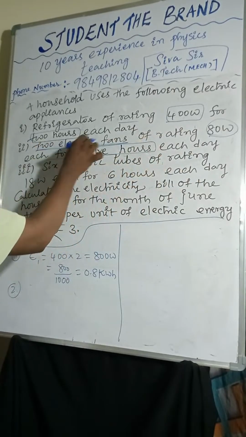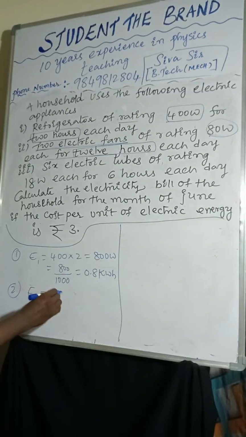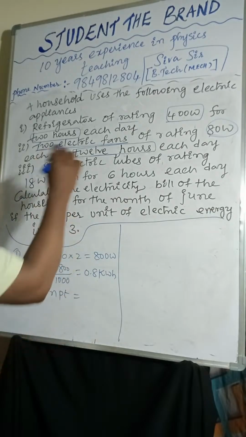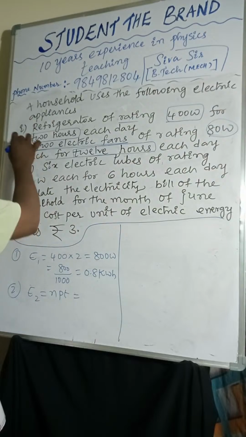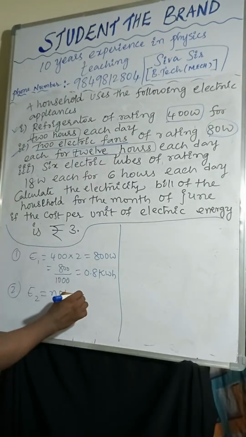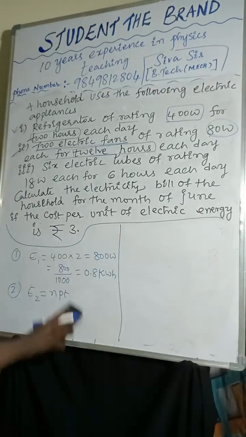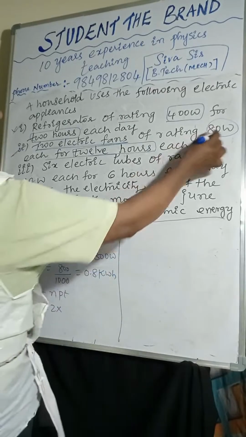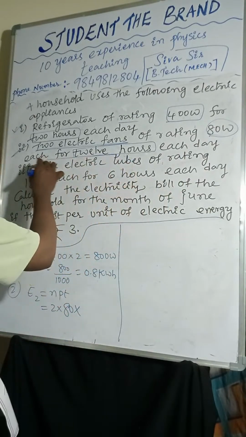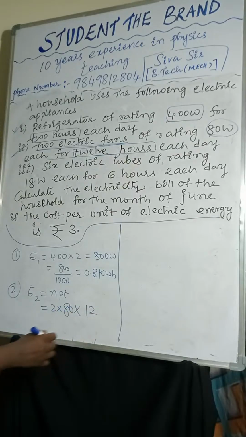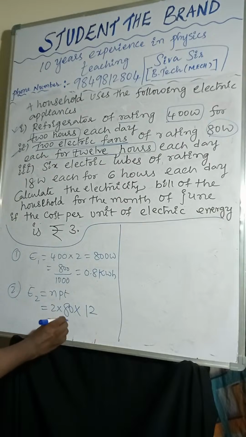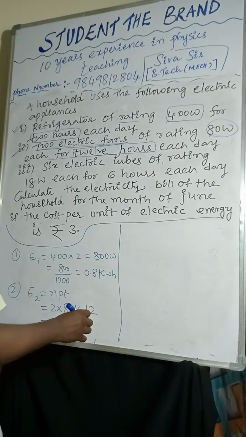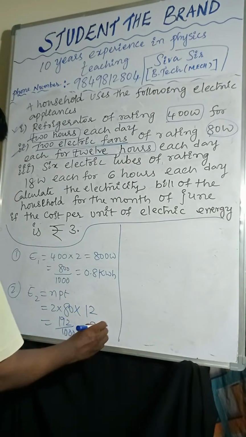So E2 equals N into P into T. If a number is given, you have to take it, like the number of electrical bulbs or fans. Two fans are given, so 2 into 80 into 12 gives 1920 watt hour. Divided by 1000, you get 1.92 kilowatt hour.